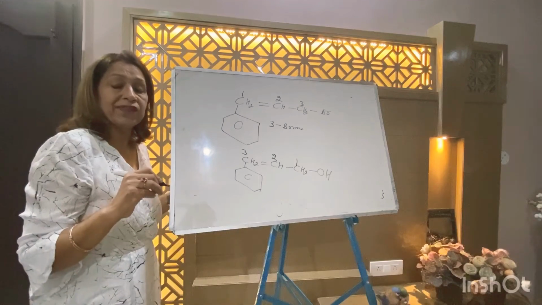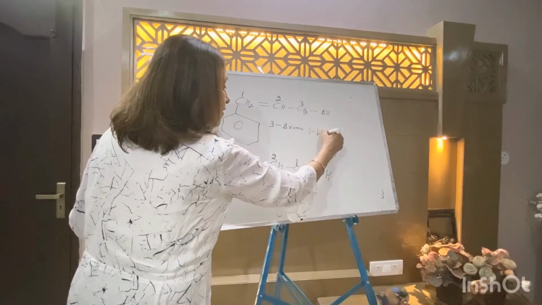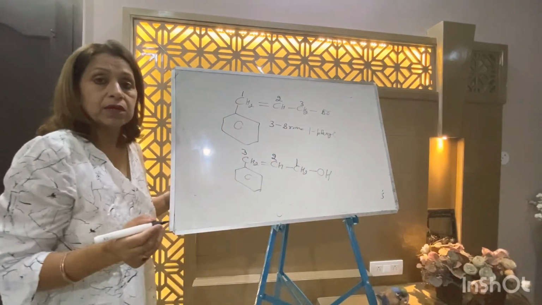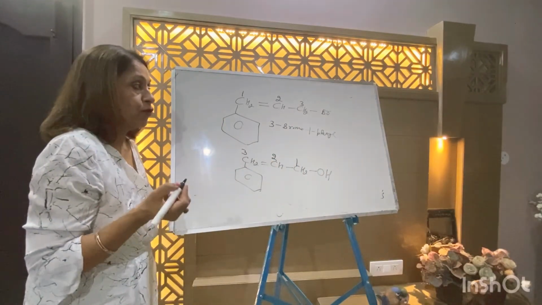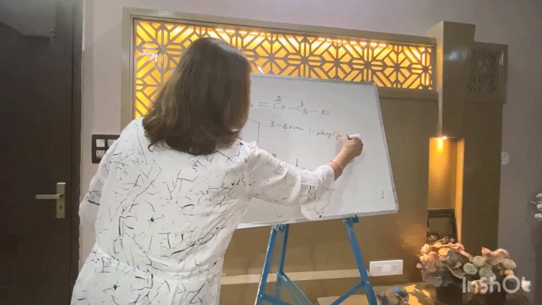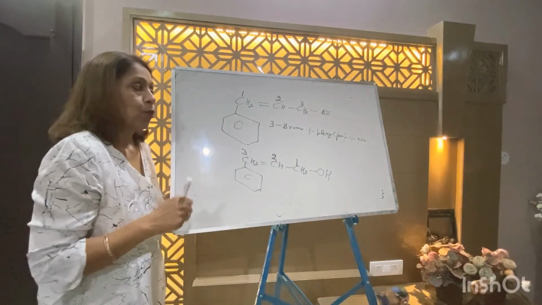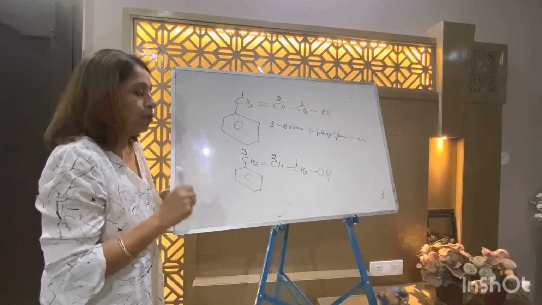At position number 1, there is a benzene as a branch: 1-phenyl. When the benzene becomes a side group, it is called phenyl. 3-bromo-1-phenyl-prop-1-ene.